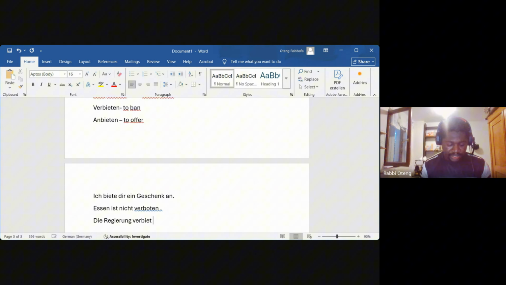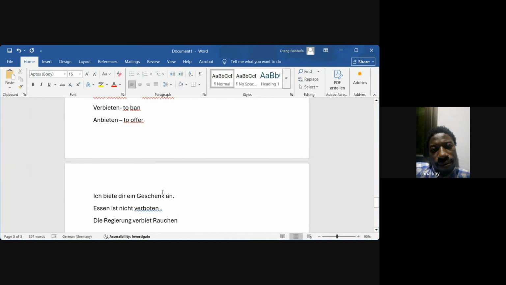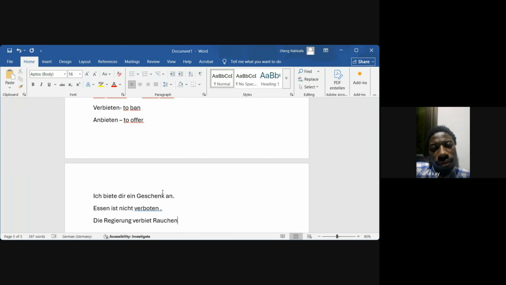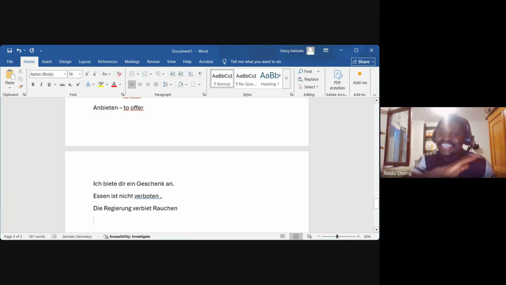So the government is banning smoking. When it's in the process of being prohibited or banned, we don't use it normally. We just say it's banned.